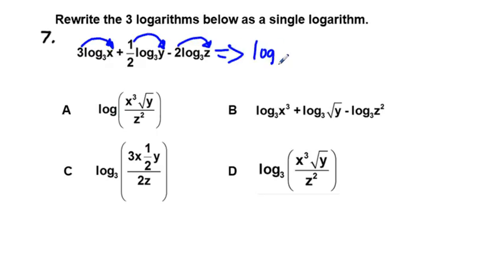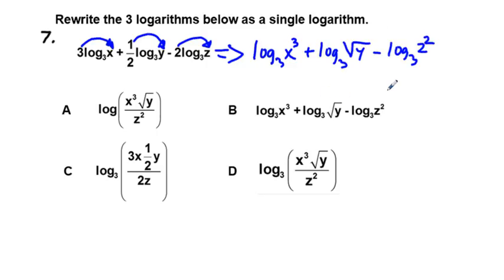log base 3 of x to the third power, plus log base 3 of y to the 1/2 power, which is the same as square root of y, and then minus logarithm base 3 of z to the power of 2.